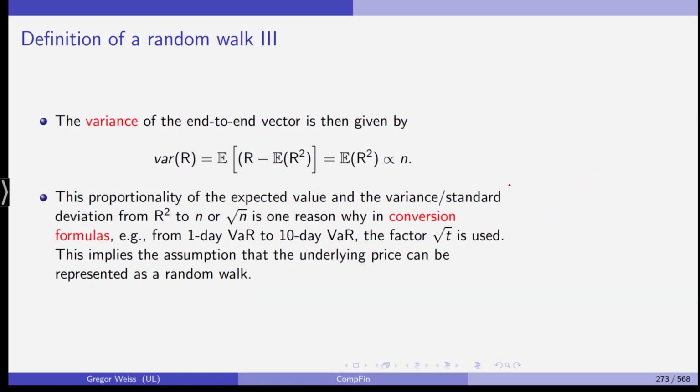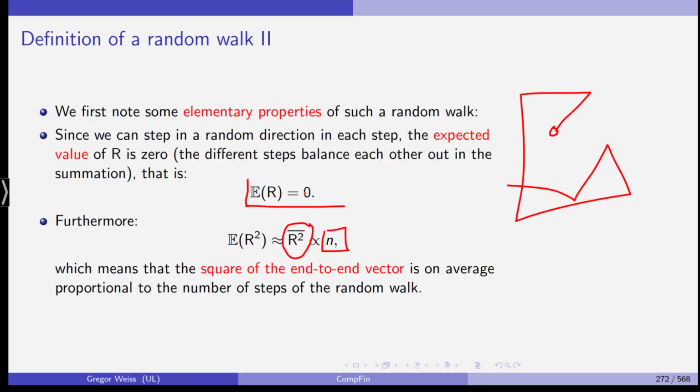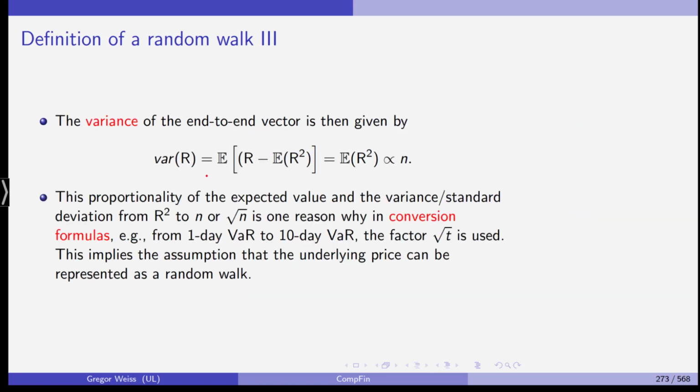Okay. So what is the variance of the end-to-end vector? Well, we know that the expectation of r is 0, so if we square this, this still gives us 0. And if we take the expectation of r squared, then it is proportional to n. So we know that the variance of the end-to-end vector is proportional to n.